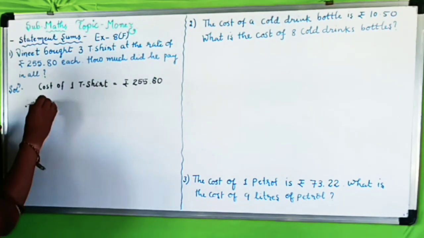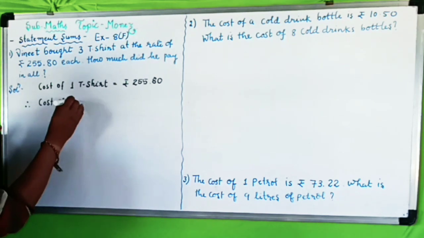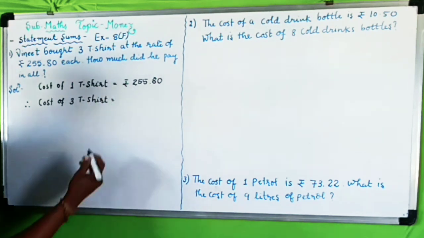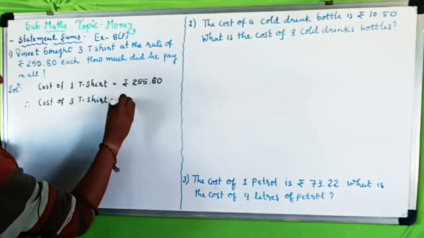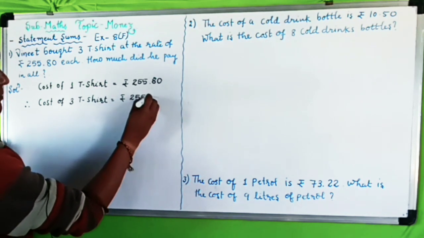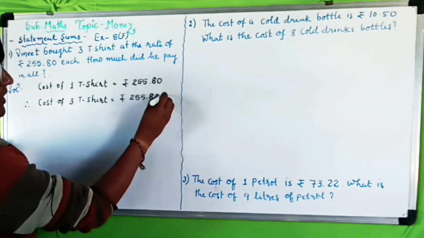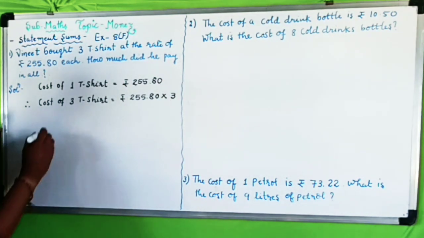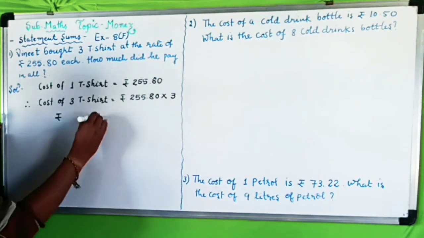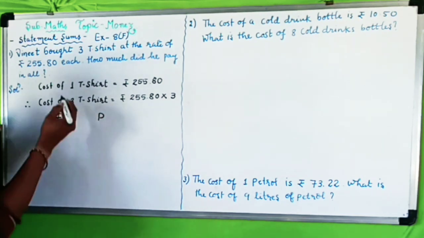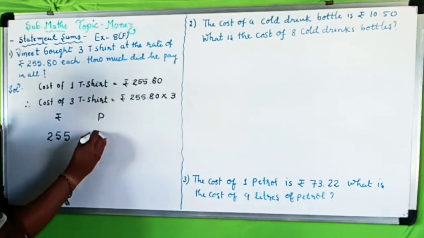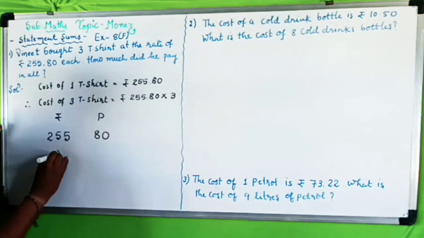Therefore, cost of 3 t-shirts equal to rupees 255.80 multiplied by 3. We have to multiply it. Then I will write here rupees column and paise column. In the rupees column I will write 255 and in the paise column 80, multiply by 3.